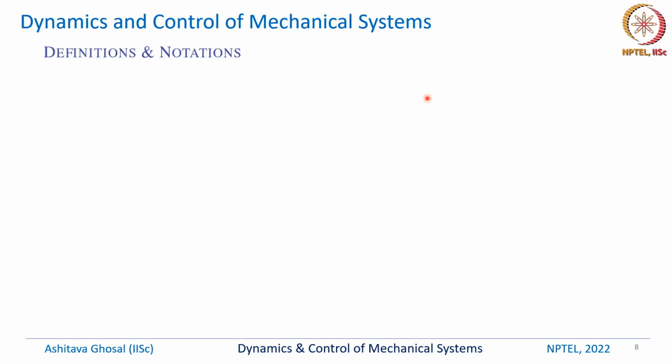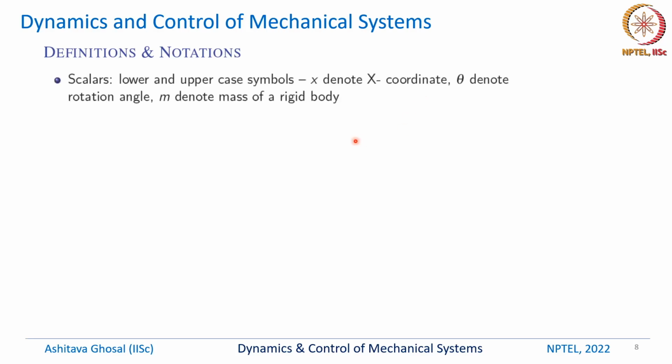Before we get in depth into this course, let us first look at a few definitions and notations which will be used throughout this course. We will denote scalars using lower and uppercase symbols. For example, small x can denote the x coordinate, theta will denote the rotation angle, m can denote the mass of a rigid body.